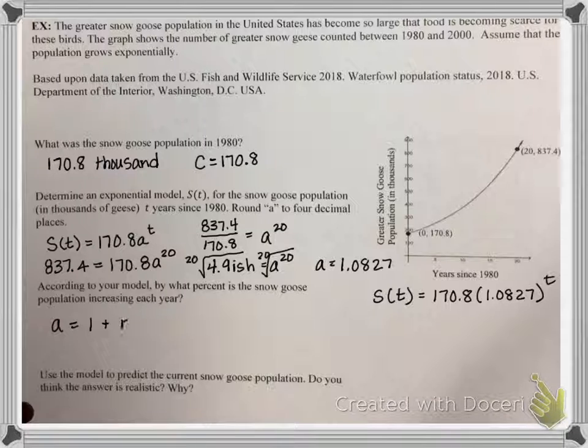I'm telling you, I want you guys to dream that equation. It's super important. So that's 1.0827 equals 1 plus R. You can solve for R. If you just know that equation, you can probably figure out what R is just by looking at it. So you definitely don't have to write it down. So that would be an 8.27% growth per year.